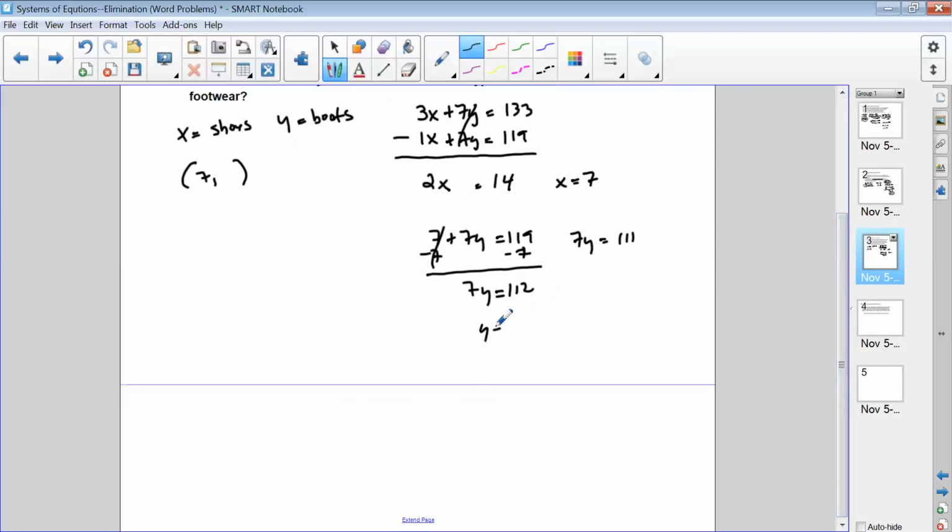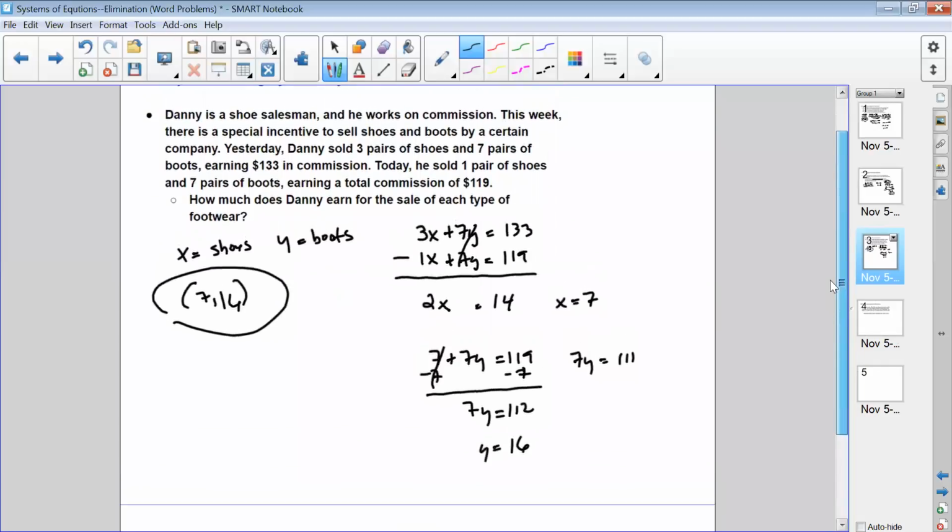Divide both sides by 7 and I'm going to get 16. So 7 and 16. What does the 7 mean? Danny earned $7 commission for each pair of shoes and $16 commission for each pair of boots.